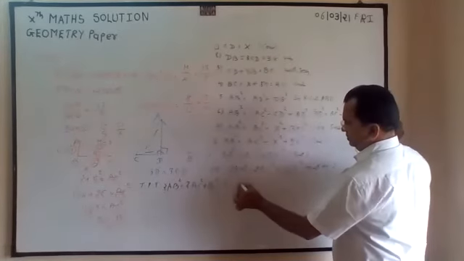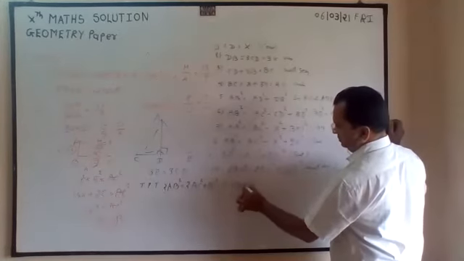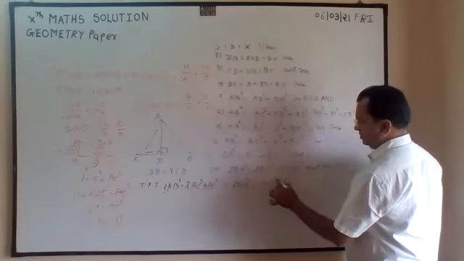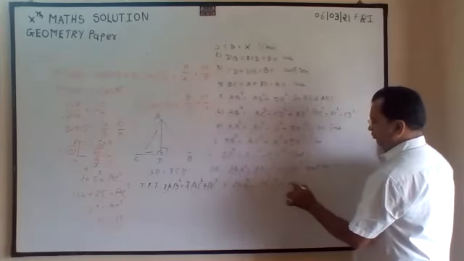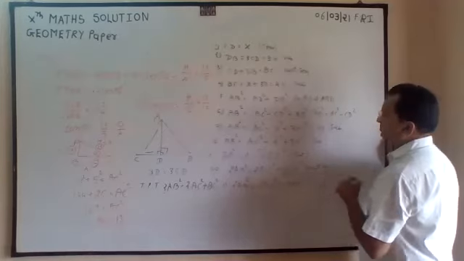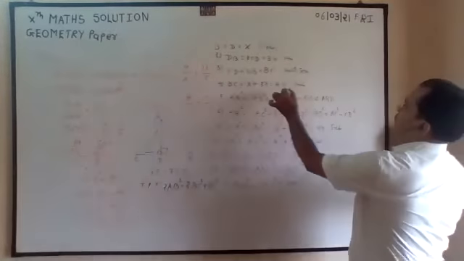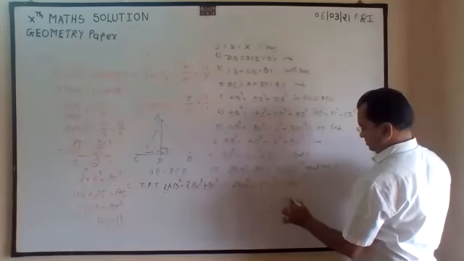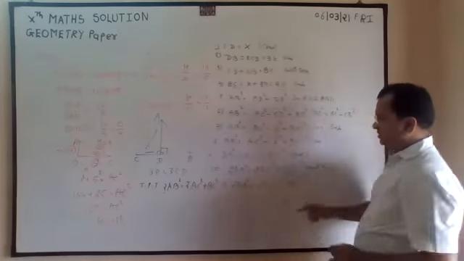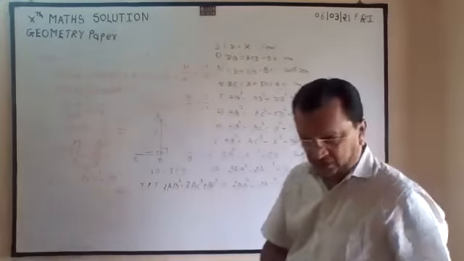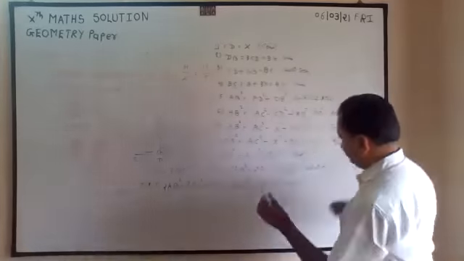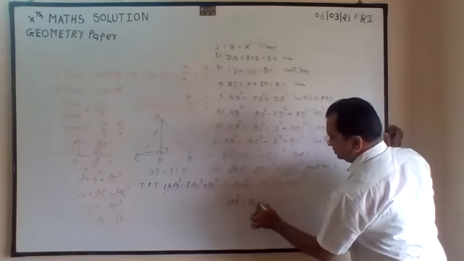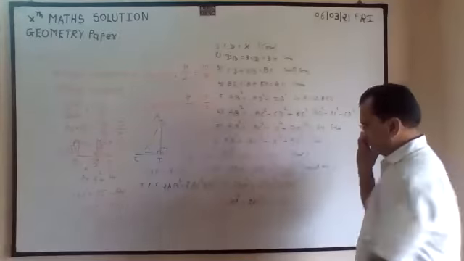Now 16x square is 4x all square. So 4x is what? BC. So 2AB square is equal to 2AC square plus BC square, hence proved.